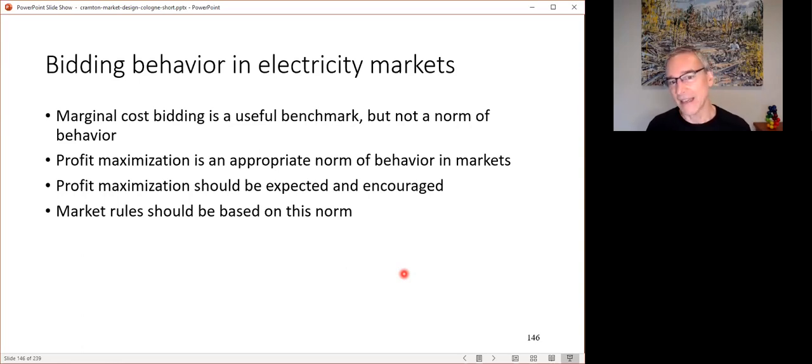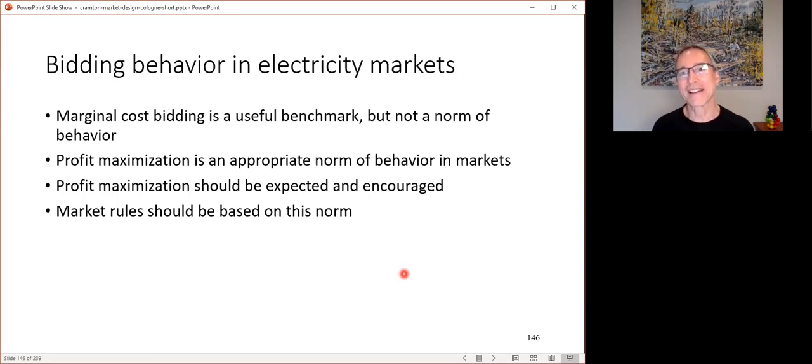Now, this idea of generators bidding in a way to maximize profits, to me and most economists, should be very natural. It's a norm of behavior that should be expected and encouraged. But in the development of electricity markets, there was a tendency, at least in the initial rules, for the regulator to step in and say, thou shalt not exercise market power.